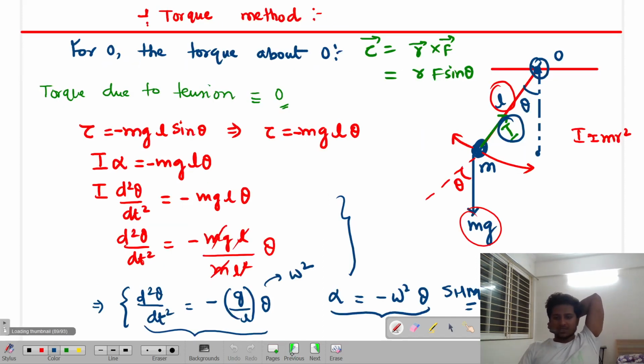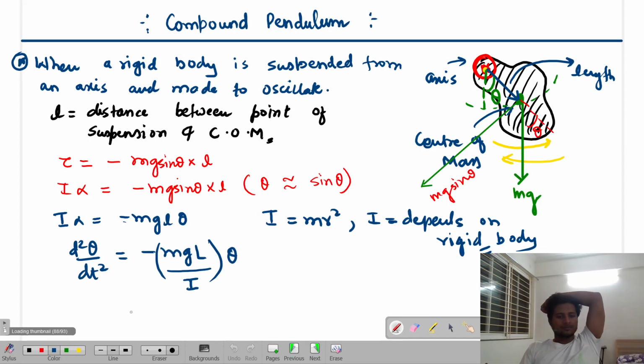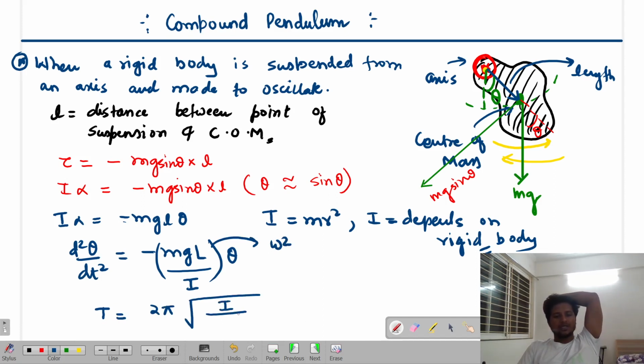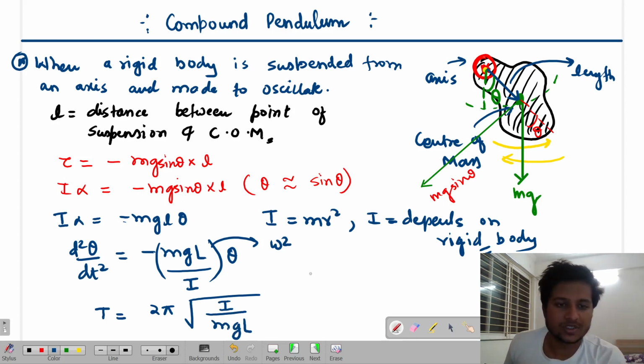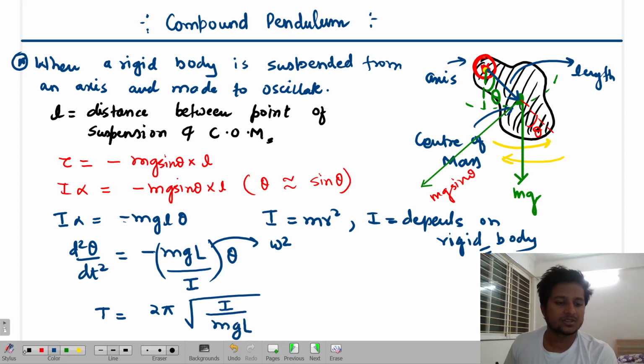But in the previous one, since I was exactly for this mass m, I could define it as mL square. So the time period is 2 pi root under I by mgL. That's my time period equation in case of a compound pendulum.